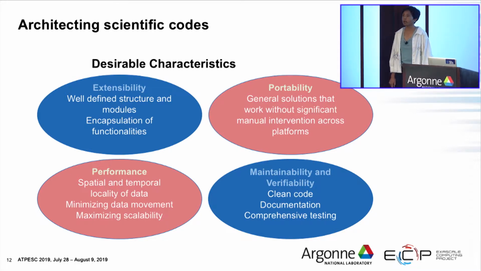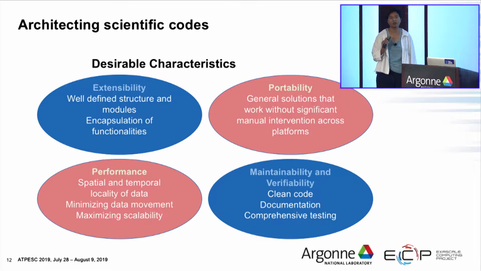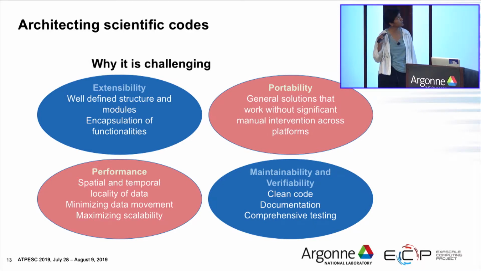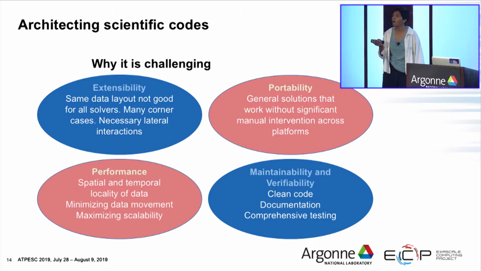Ideally, we would like to have all of this done, but these are things that are non-trivial to achieve. In fact, some of these can be extremely hard to achieve. Take extensibility: when you have different classes of solvers, the same data layout is not necessarily the best for all of them.